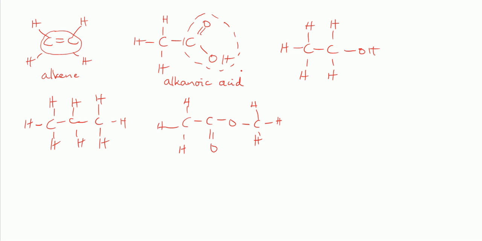This is an alkanoic acid. This one here, the functional group is the OH group. So this is an alcohol. This one here, we just have carbon and hydrogen, and we have single bonds. So this is an alkane. And in this one here now, we have this functional group here, which is called an ester.